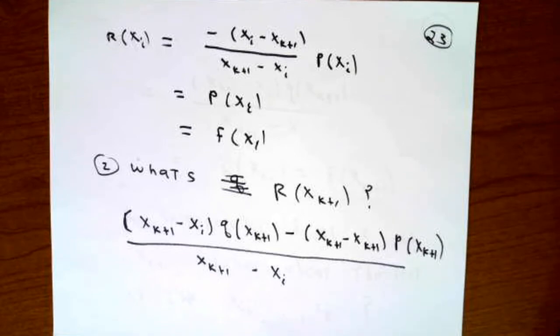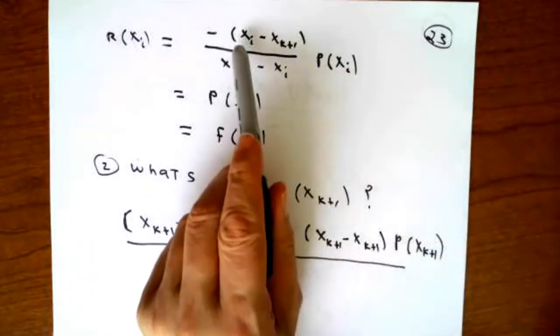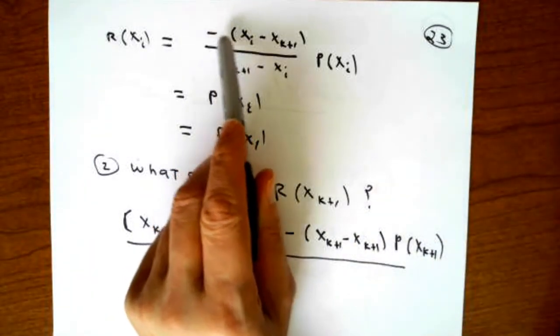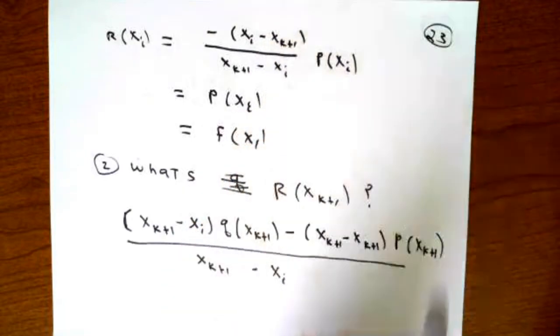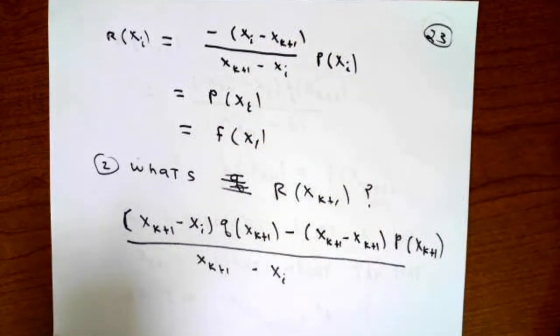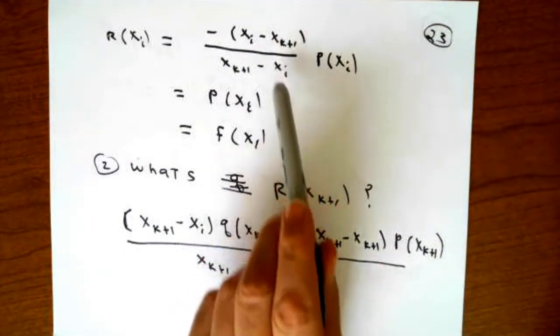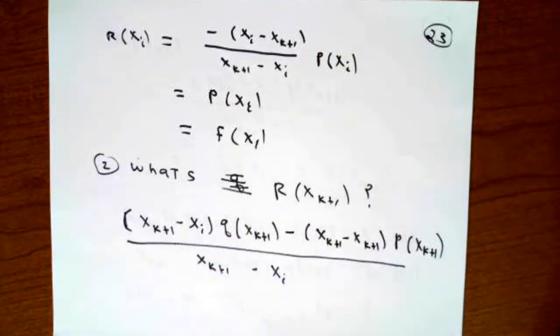Deleting the term that turned out to be 0, you'll notice that upstairs I have the negative of xi minus xk plus 1. That would be x number k plus 1 minus xi. So the numerator of this fraction is the same as the denominator. That's 1. So r at x number i is 1 multiplied by p evaluated at x number i.